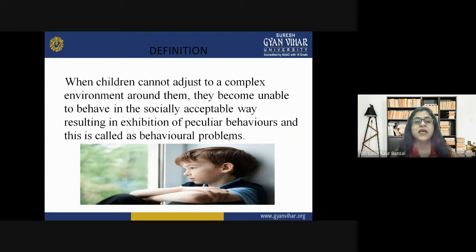It results in the exhibition of peculiar behaviors, and this is called behavioral problems. The basic thing that you have to understand is that normal behavior is not seen in such children, and they are actually showing some behavioral characteristics that are not acceptable to society. So this is how behavioral changes become actual problems.